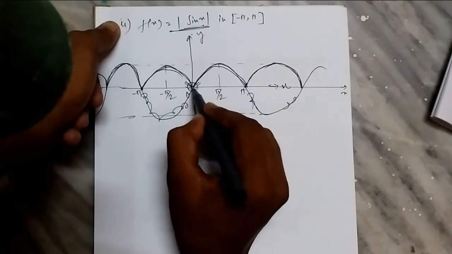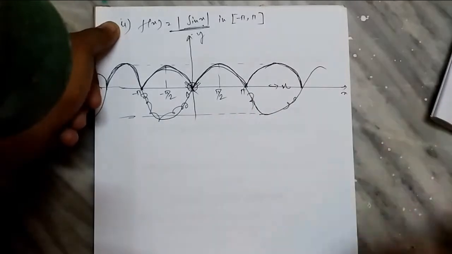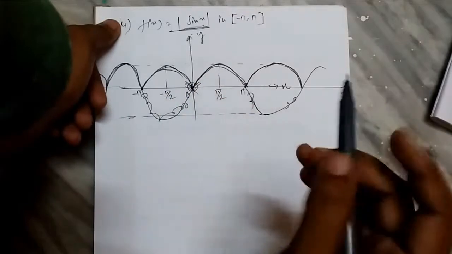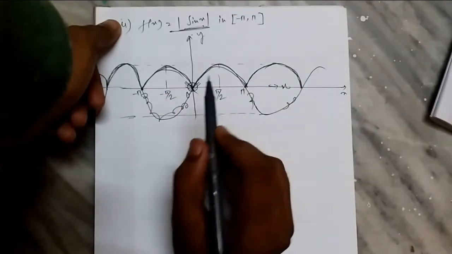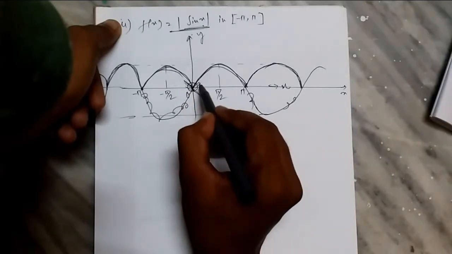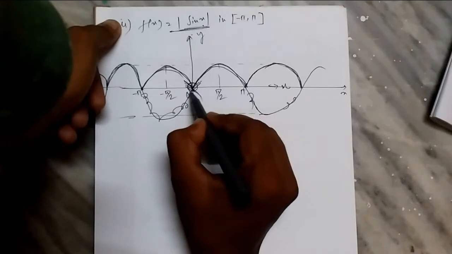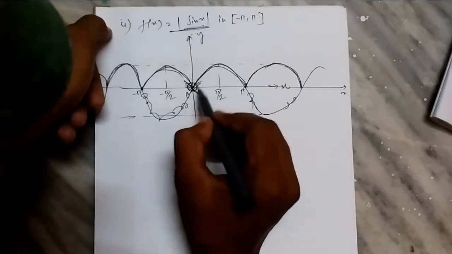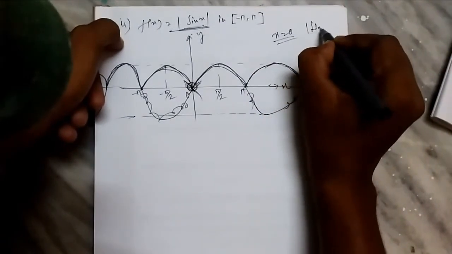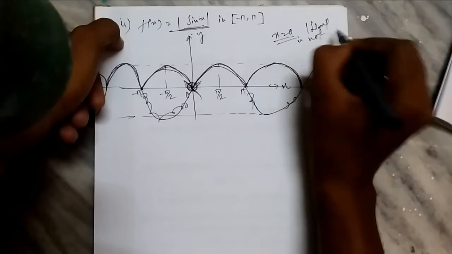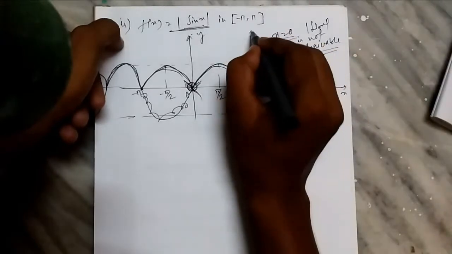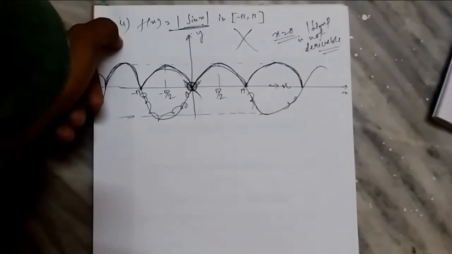We know that if the derivative exists at a point, there is only one unique tangent, but here there are infinite tangents, so at that point the derivative of f(x) does not exist. So at x equal to 0, mod sin x is not derivable. So this is not applicable for Rolle's theorem.